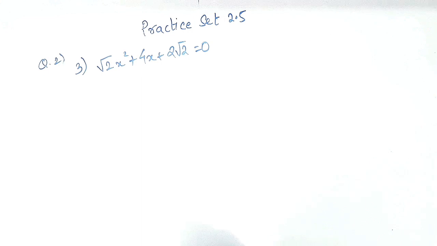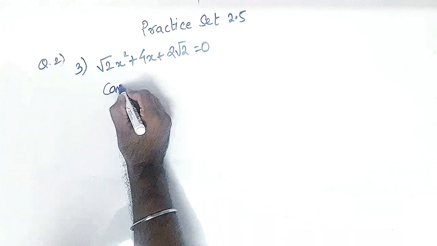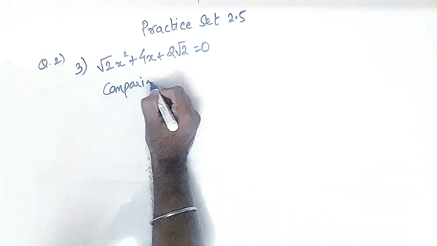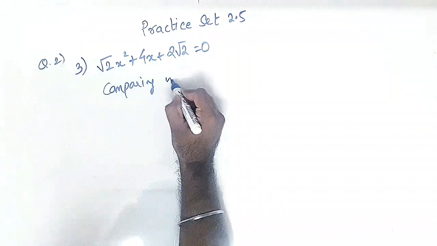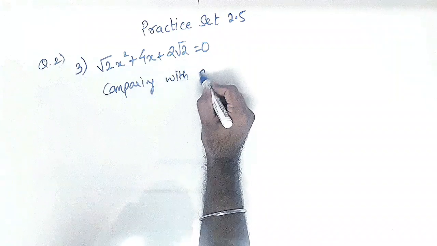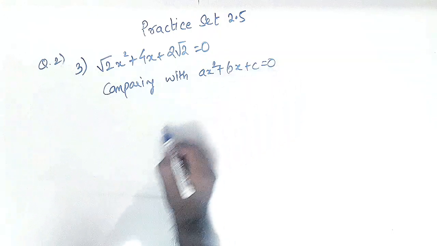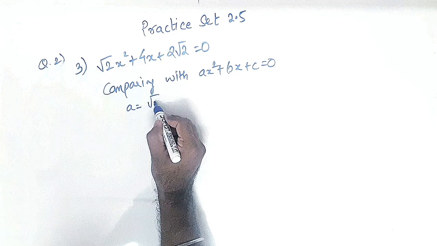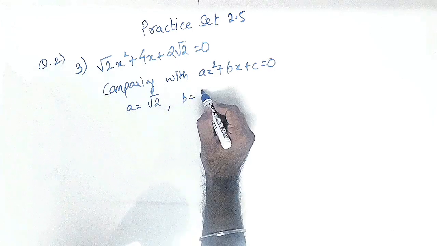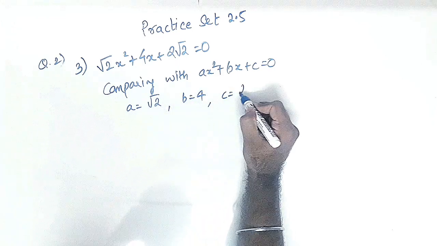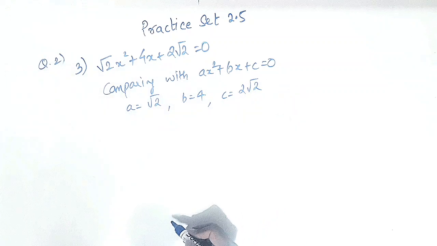In the third one, you can see here a is root 2, c is 2 root 2. So first I'll write, comparing with ax square plus bx plus c, we are getting a as root 2, b as 4 and c as 2 root 2.